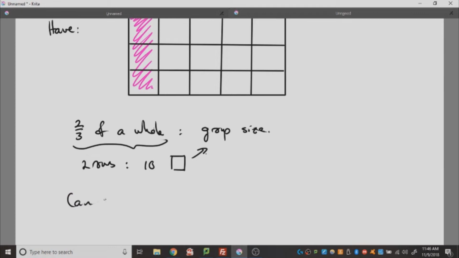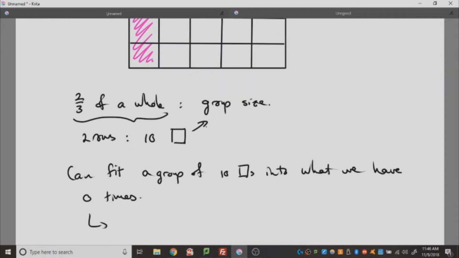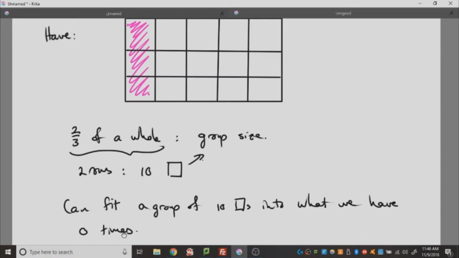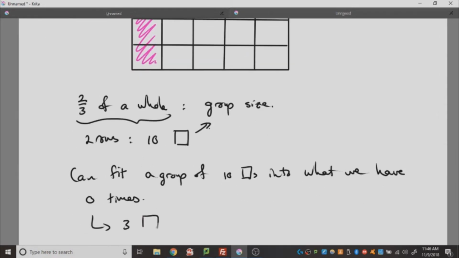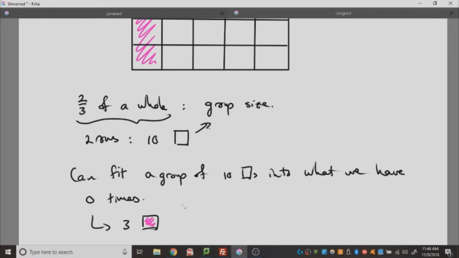So we can fit, let's say here specifically a group of 10 squares into what we have, 0 times. And then we have 3 pink ones left over. Of what we have, we still have 3 left over.